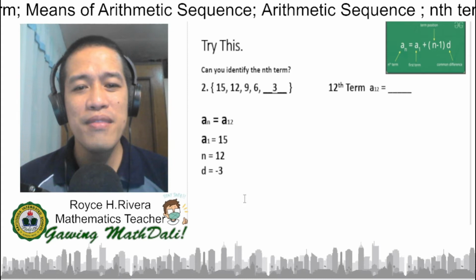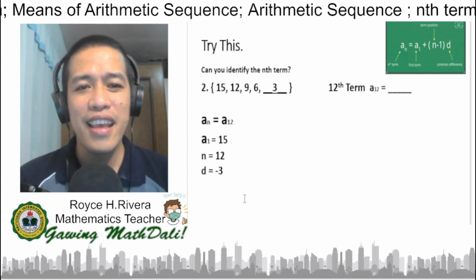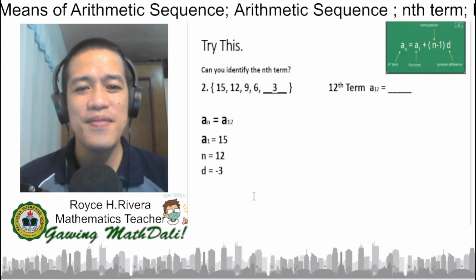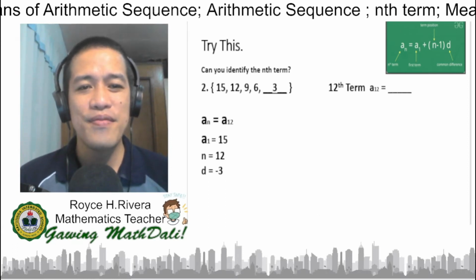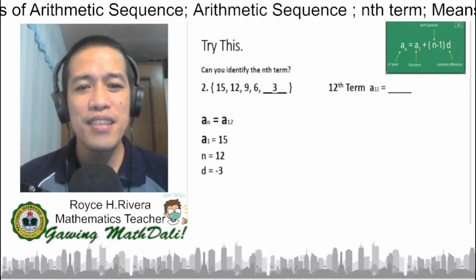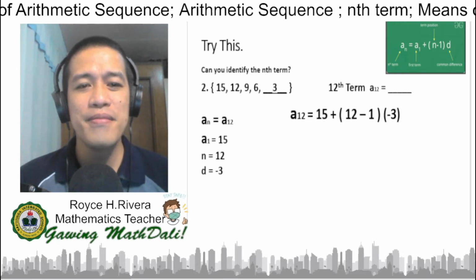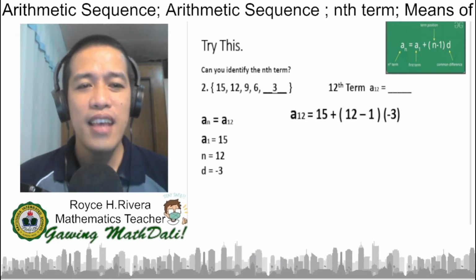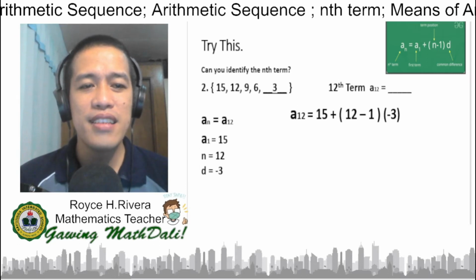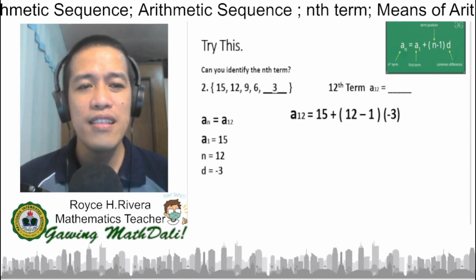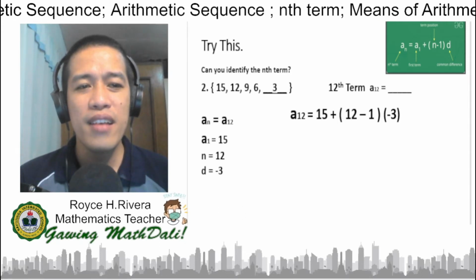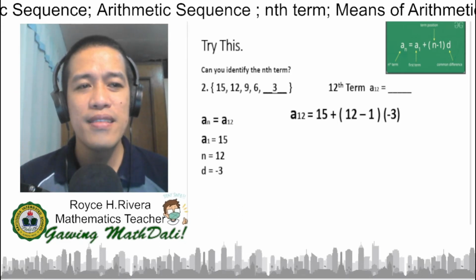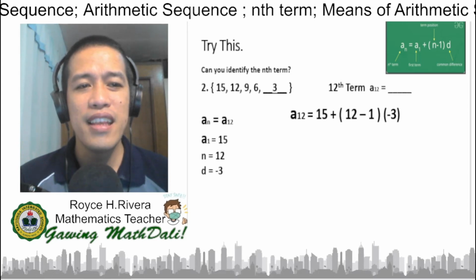And the common difference here is negative 3. Let us now assemble. So by substitution, we will have a sub 12 is equal to 15 plus the quantity 12 minus 1 times negative 3.